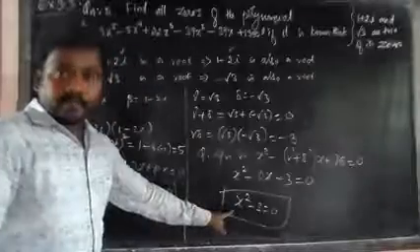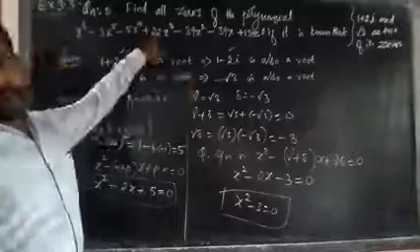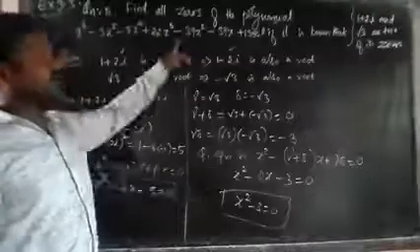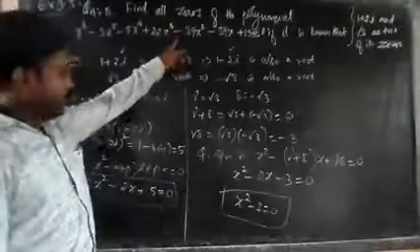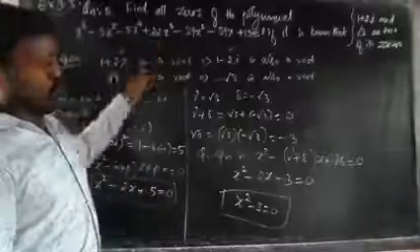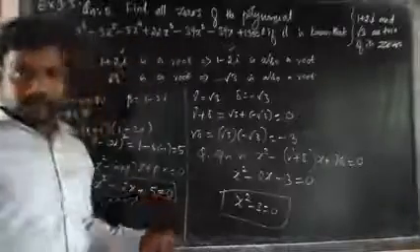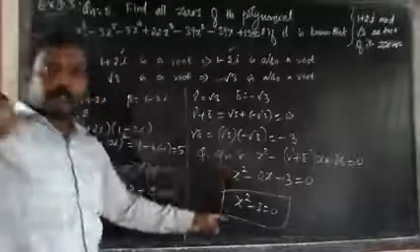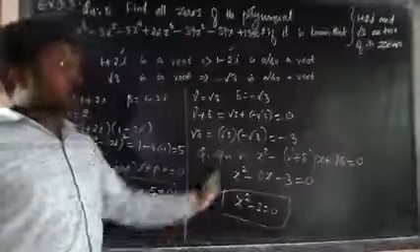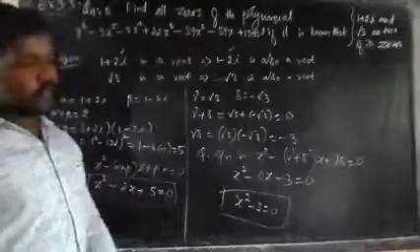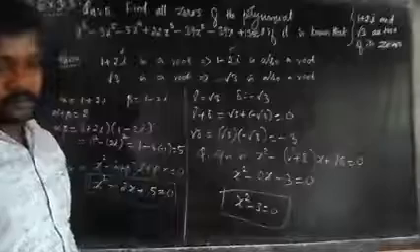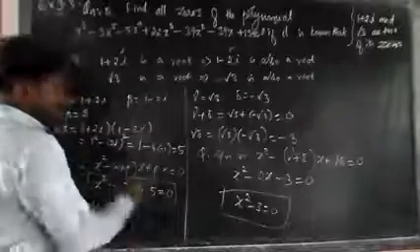These two are factors of the given polynomial, which means if we divide, the remainder must be 0. Since all are factors of this polynomial, divide this polynomial by this equation.